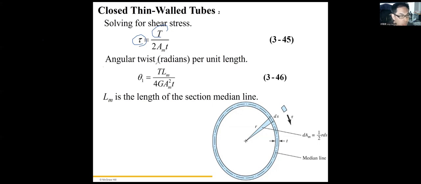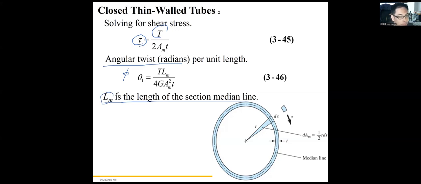And the twist angle, in previous slides or previous courses I used phi, the same thing, equals the torque times the length divided by 4G, where G is the shear rigidity, times Am squared times t. And Lm is the length of the section median line.